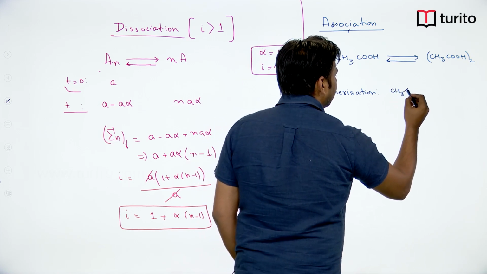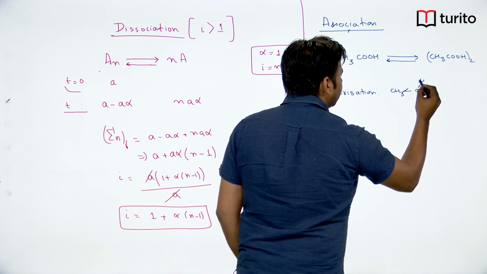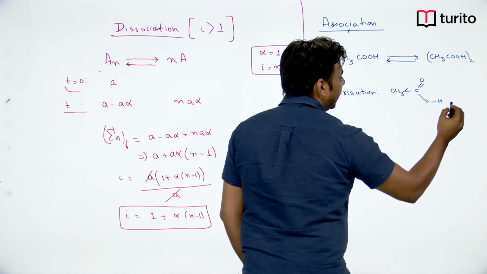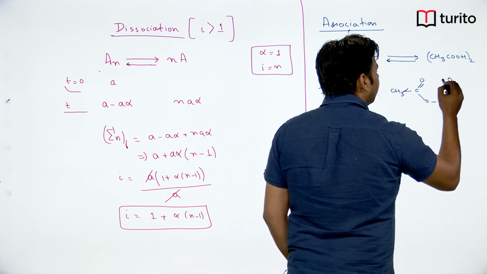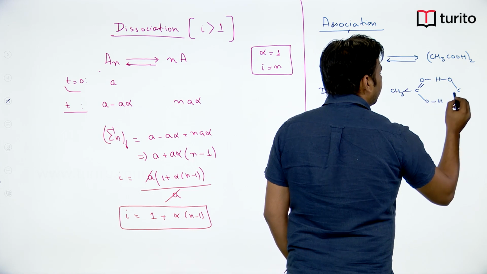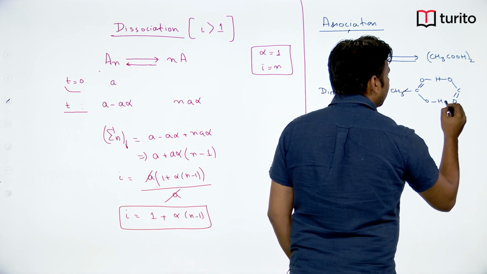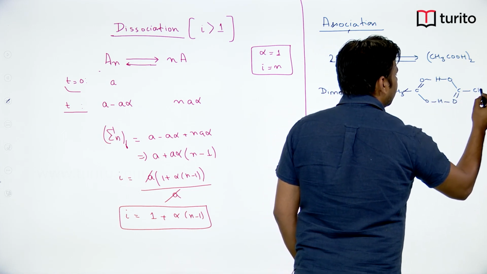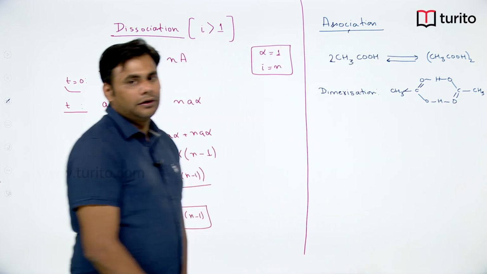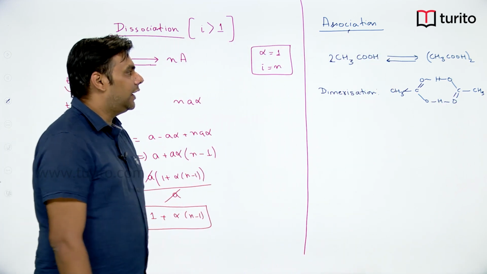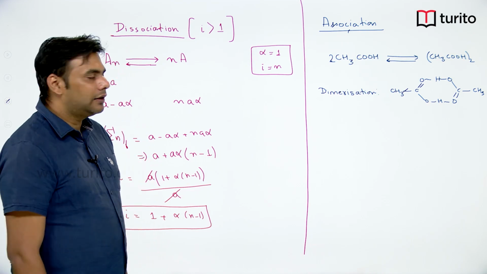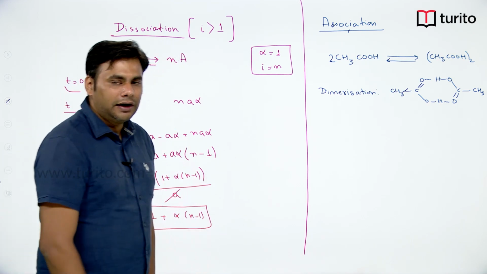So if you take acetic acid, another acetic acid can form a hydrogen bond, and the molecule can get dimerized. So whenever we are taking acetic acid, it will generally dimerize.